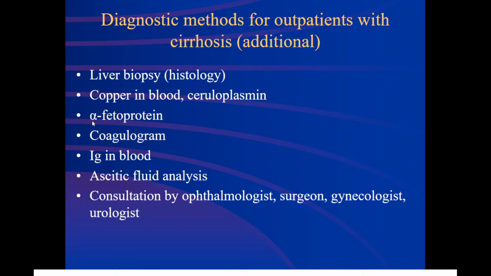Alpha-fetoprotein, coagulogram to check predisposition to bleeding, immunoglobulins in blood for immune reaction, and in case of ascites, ascitic fluid analysis for differential diagnosis of different causes which can lead to ascitic fluid accumulation.